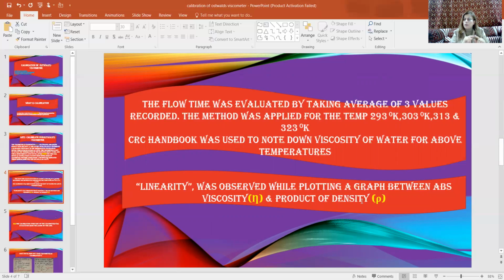So you are going to plot a graph between them. After plotting the graph, if you have a straight line, that means our instrument, our viscometer, is calibrated, right? This linearity is the proof that your instrument is calibrated.